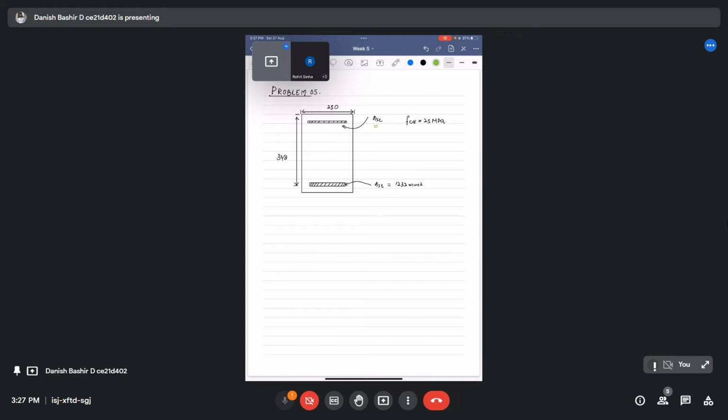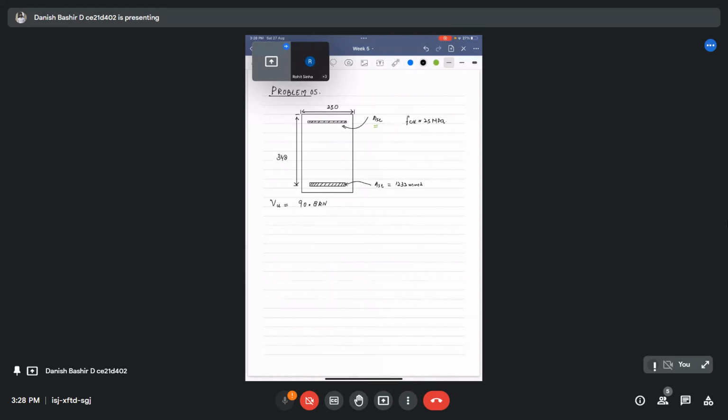Also given is the factored shear force coming on our beam section, and I am taking it at the critical section as 90.8 kilonewton. From the online lectures you would have already studied what the critical sections are for the design of shear stirrups. Let me give some brief idea about the critical section.